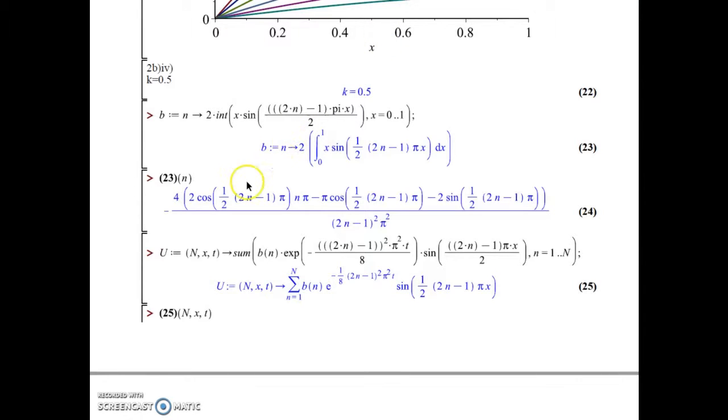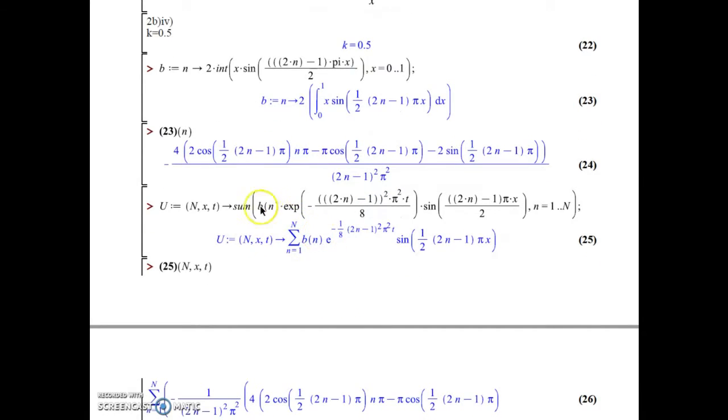For the first part of my code, I would like to put the integration of this equation. After integrating this equation, I will get this answer. This is my answer after I evaluate this.